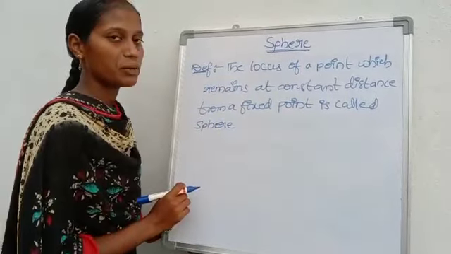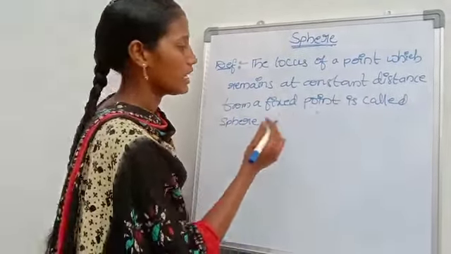The locus of a point which remains at constant distance from a fixed point is called a sphere.